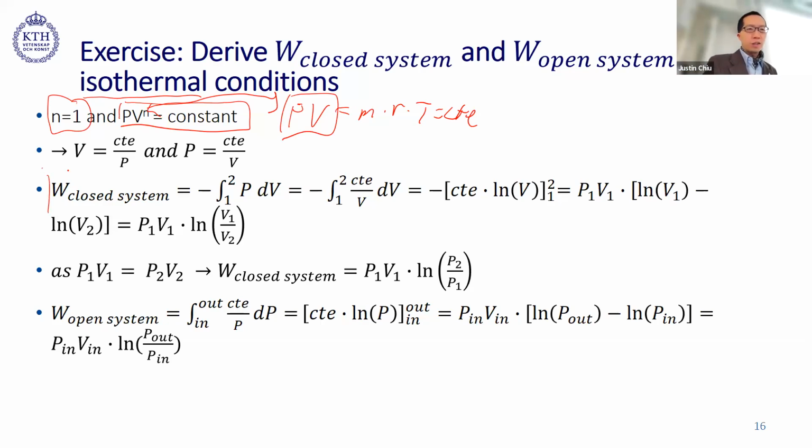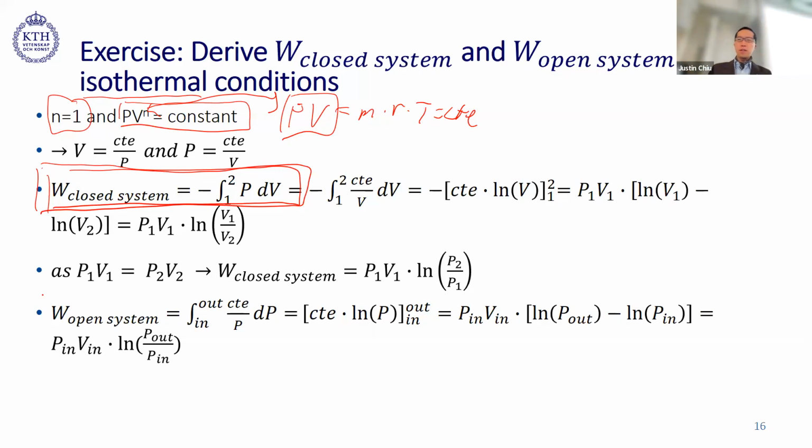We take the definition of work for a closed system, minus PdV. And also, I would prefer to write work for a closed system as minus PdV, and then work for open system as plus VdP.